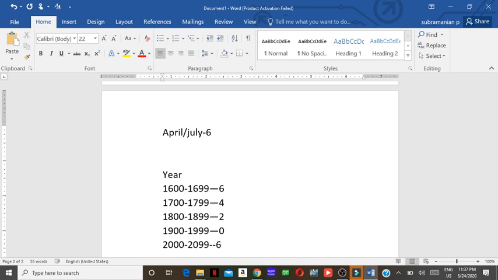Okay. Mostly they will ask in 1900 to 1999 or 2000 to 2099. For example, 1947 falls between 1900 and 1999, so we have to represent it as 0. Okay, like this we will see more examples, and you will understand very well.